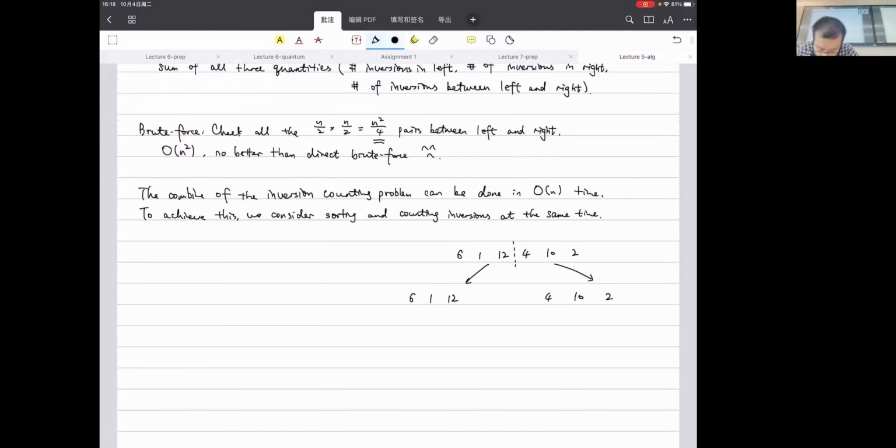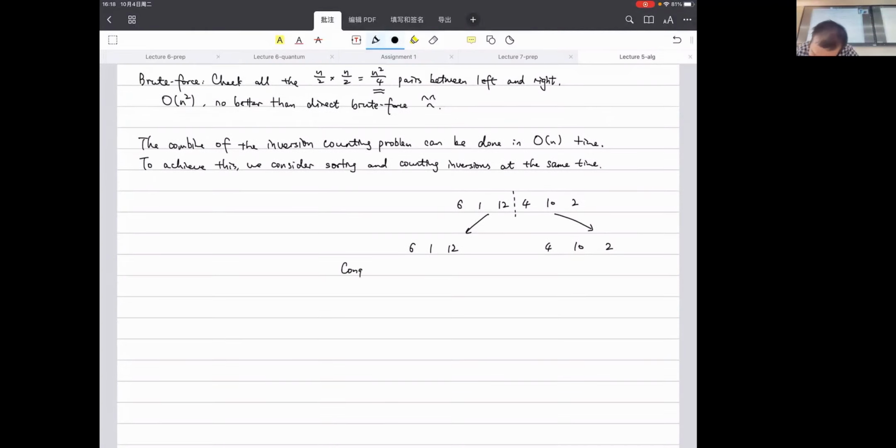In the conquer part, we know the number of inversions. For this 6, 1, 12, you can clearly see that the number of inversions is 1, because the only inversion pair is 6 and 1.